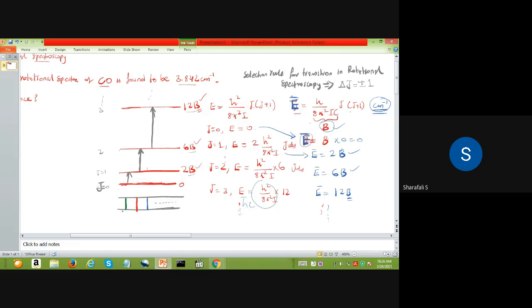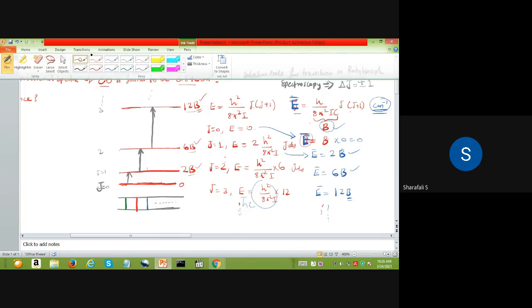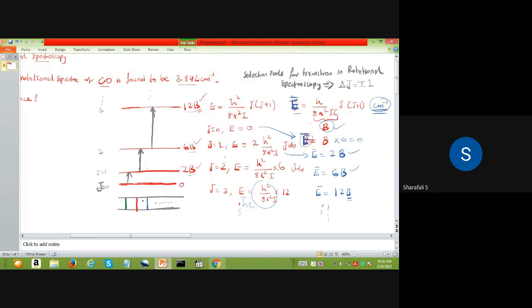The values of these spectral lines in centimeter inverse will be 2B, 6B. How can you calculate that? Take the difference between these two energy levels. So 2B minus 0 is 2B. Then 6B minus 2B is 4B. That is the energy difference. We are considering it in wave number, so we can directly write those values, because the spectra coming out are also in terms of wave number.